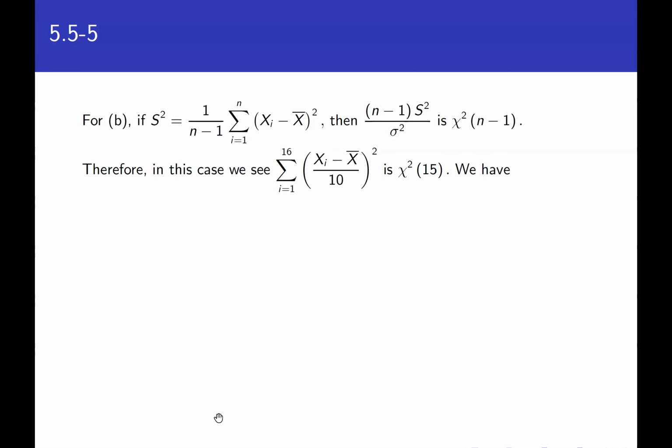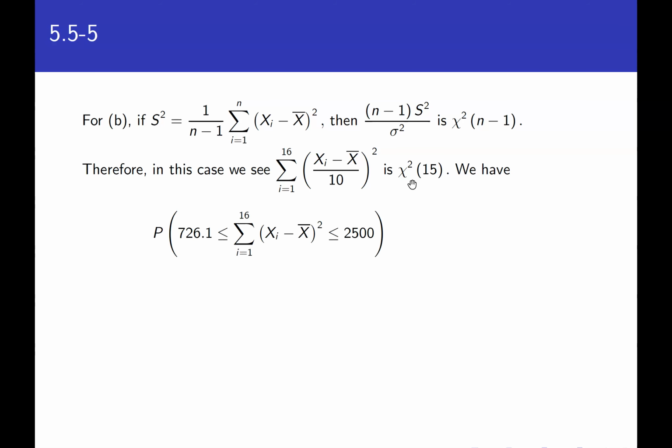So in this case, if we pull a 10, the standard deviation, on the inside, we know this is going to be chi-squared of 15. Notice this is sigma squared, that's 100, that we've divided by, and the n minus 1 out in front cancels the 1 over n minus 1. So this random variable has 15 degrees of freedom, rather than the 16 it was in the previous part.